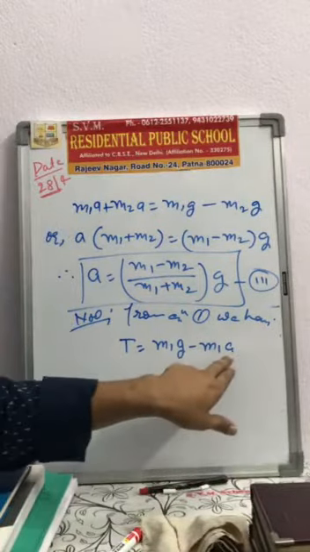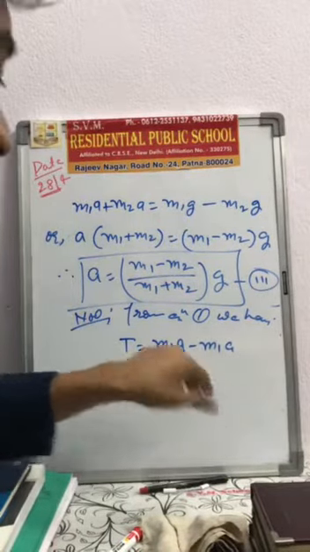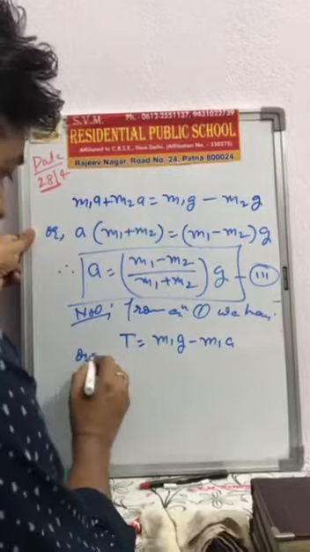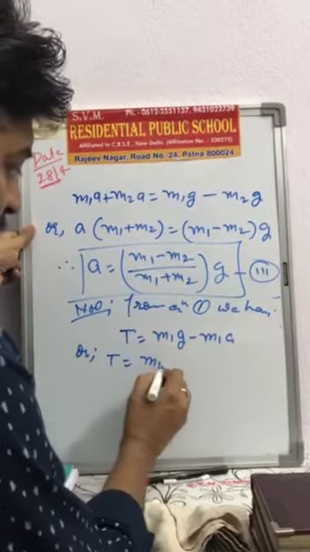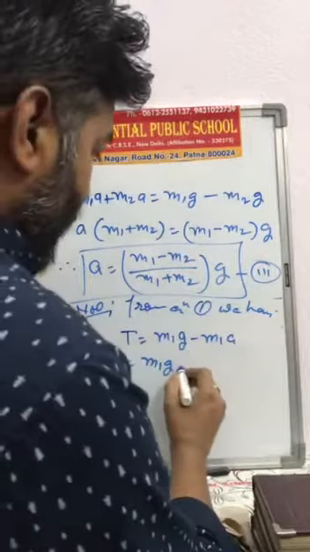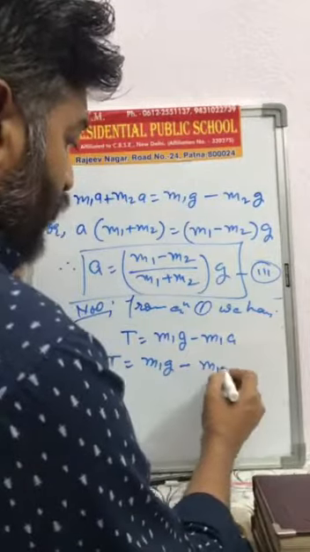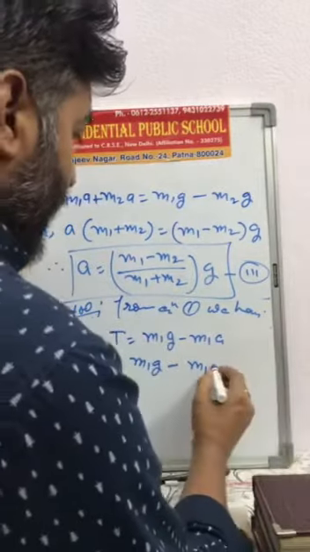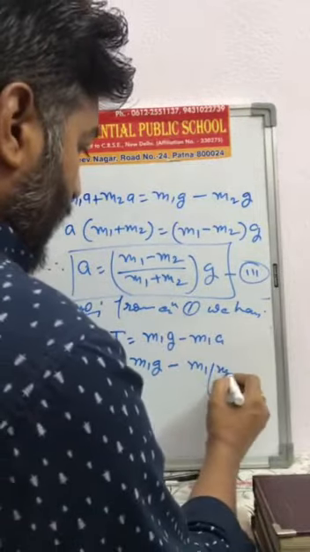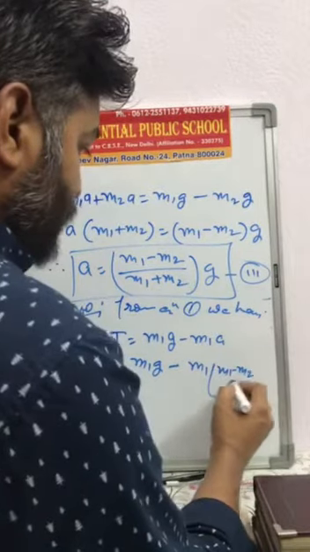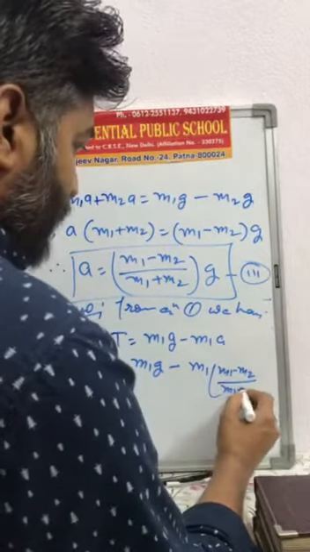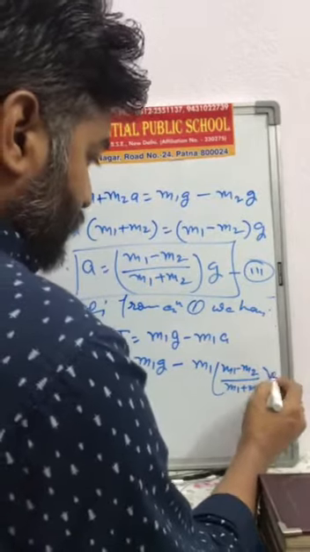This is the tension force. Or T is equal to M1G minus M1 into A, where A is (M1 minus M2) by (M1 plus M2) into G.